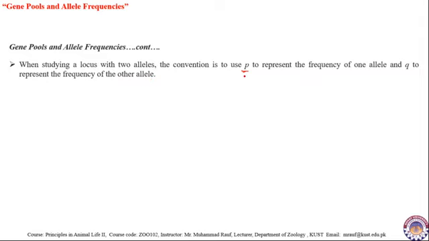So here in the population under our discussion, two alleles are there. One is CR, the other is CW. So we will use this symbol to represent this allele and this symbol to represent this allele.